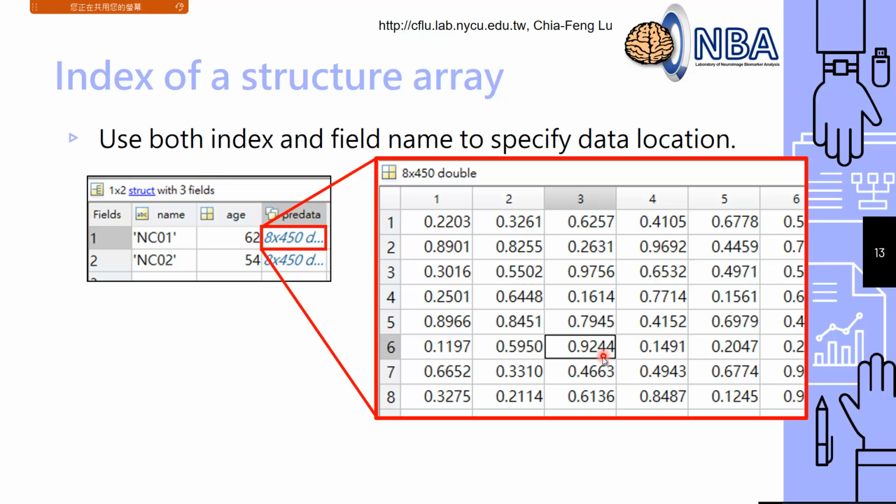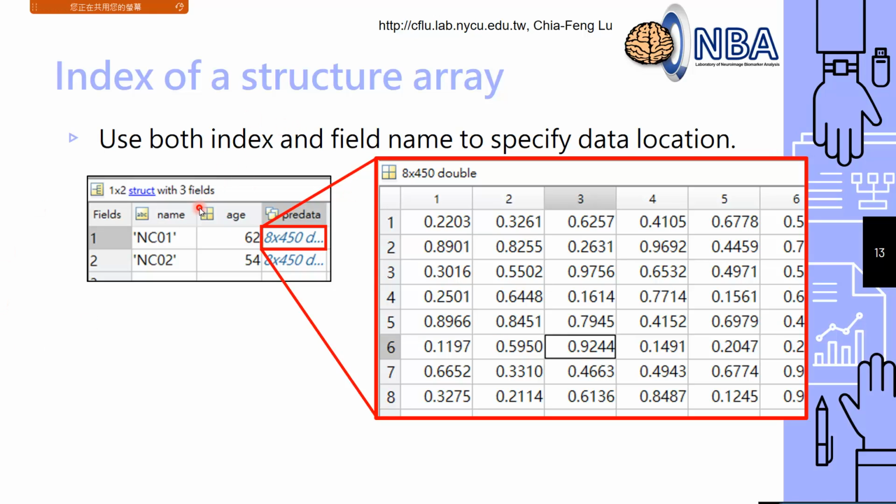If I'm going to get just a single value right here, it's the 6th row and the 3rd column. I just want to get this single value. What is the way we can do this? So I'll just give you the hint. You need to use both the index and the field name to specify the data location. So I think it's pretty straightforward.